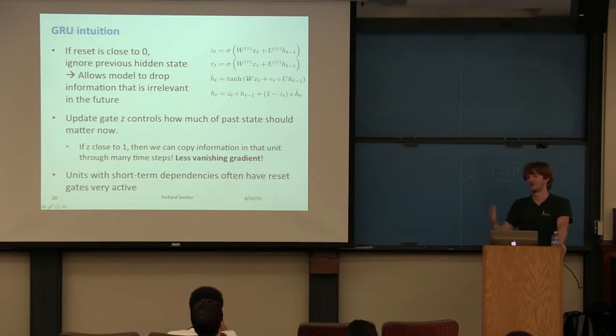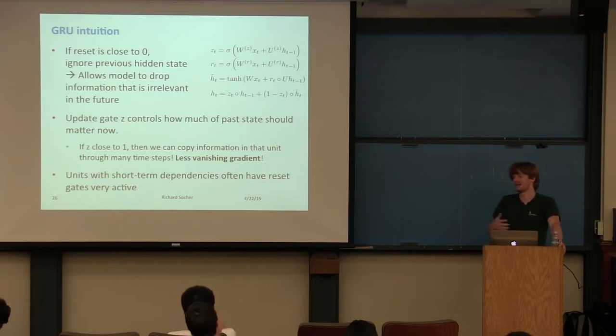And so there are lots of modifications, and unfortunately you really have to try to gain intuitions, try to visualize what's going on, if you want to come up with models that aren't just different but are actually provably a lot better. One nice intuition that the authors did mention in their paper, and which I think is intuitive, is that the units allow you to have some short-term dependencies based on reset gates being very active, right?